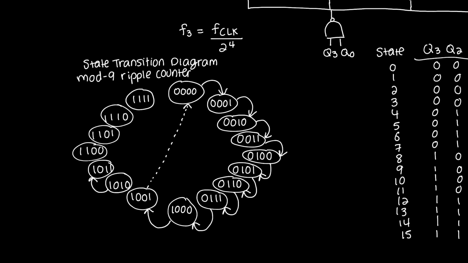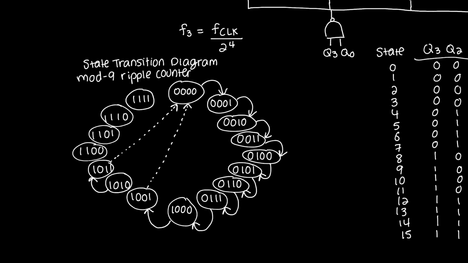But oh, look what happens in state 11. Q3 and Q0 are both high. That's going to trigger that NAND gate action again. And it's going to trigger that asynchronous reset. And it's going to cause the counter state to go back to 0. And because it happens asynchronously again, that's why I have this dashed line. It's represented by the dashed line on the state transition diagram.